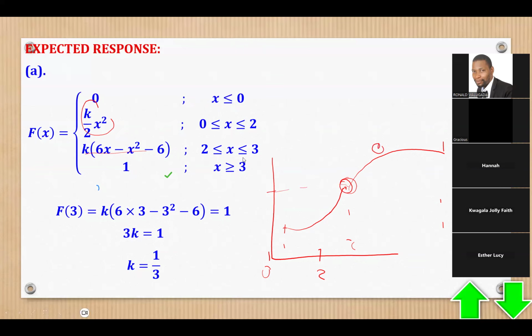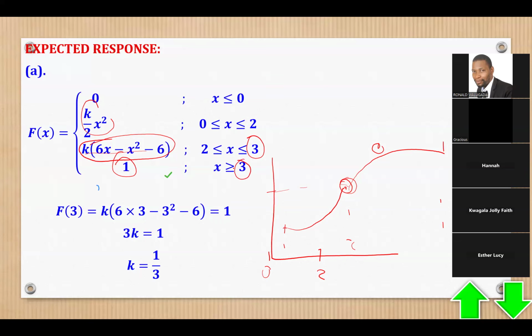That is why I could use this function to get the value of f(x), okay, let me use the word y, to get the value of y when x is 3. I could also use this one to get the value of y when x is 3.